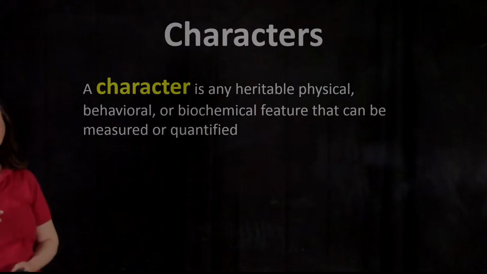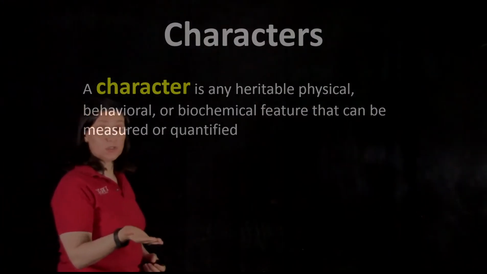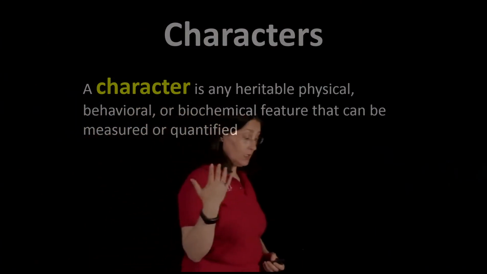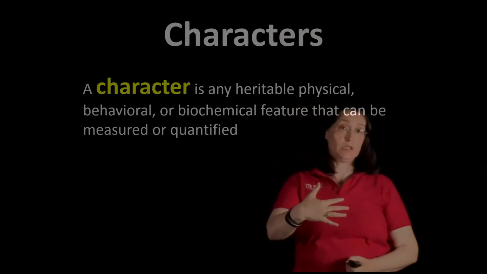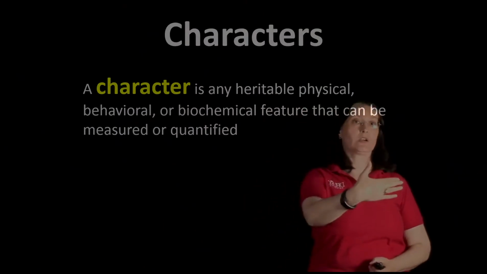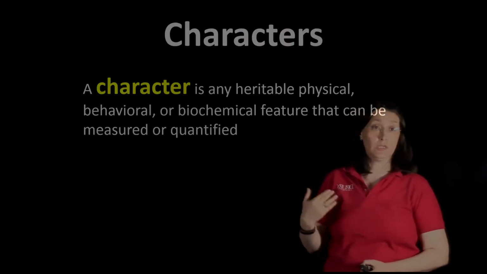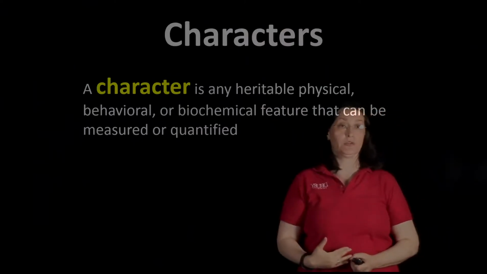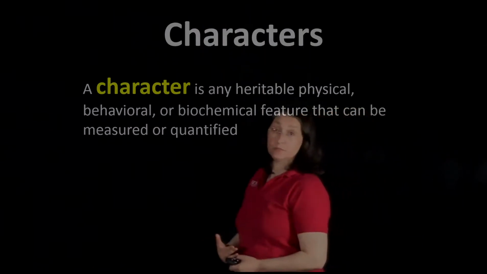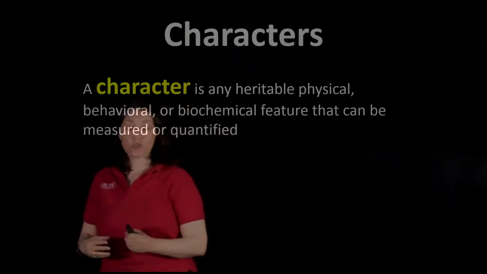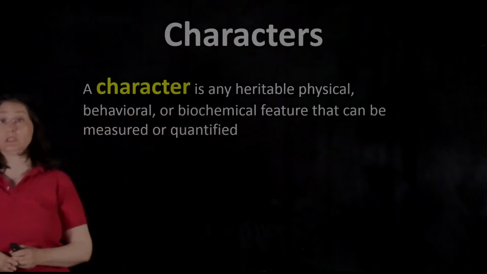They can be physical, behavioral, or biochemical. Physical characters are very similar to the taxonomic approach: morphology and anatomy. Looks are very important to determining phylogeny and relative relationships, but behavioral characters as well, right?